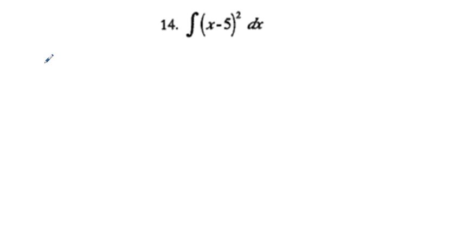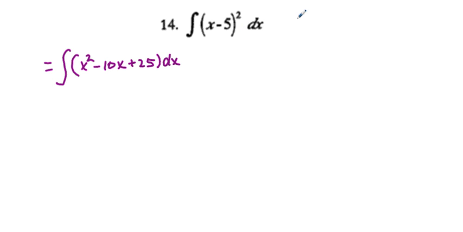So we have the integral of x squared, minus 10x, and negative 5 times negative 5 is going to be plus 25, and dx.